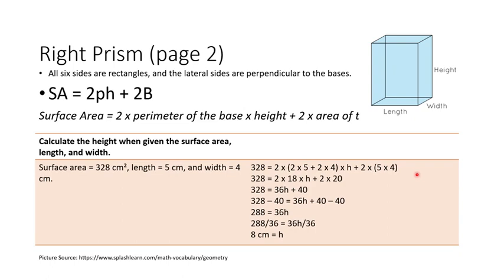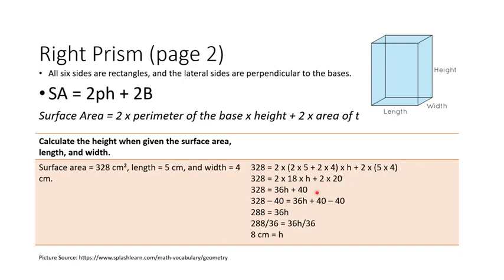Now we're just simplifying. We get 328 equals 2 times 18. So 2 times 5 is 10, and 2 times 4 is 8. Combine those, we get 18. Times h plus 2 times 20. 5 times 4 is 20.